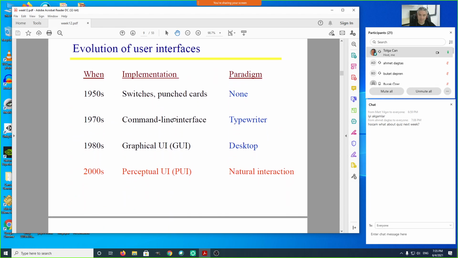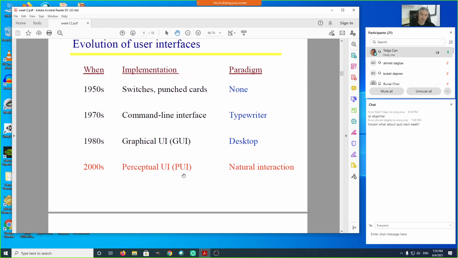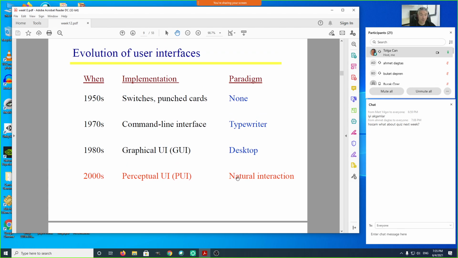Okay, so in the 2000s, the idea was, I mean, we are now in the 2020s, the perceptual user interfaces or PUI. The idea was to have a more natural interaction even with our desktops or our environments. So like smart homes, automobiles, more natural types of interaction. And the perceptual user interfaces had the potential to provide this.